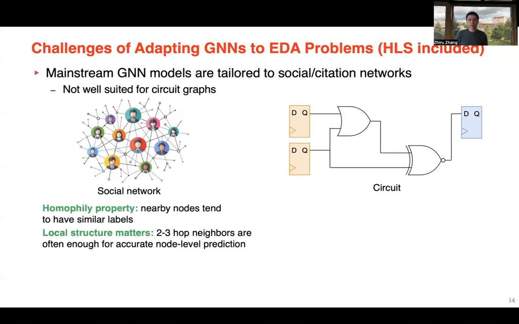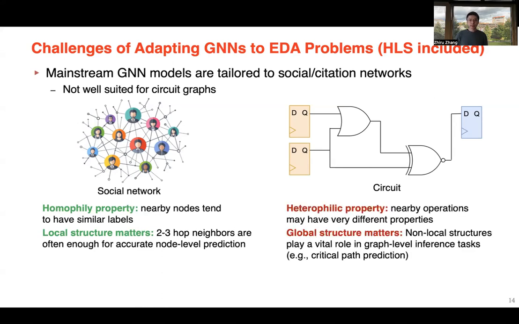To be more concrete, social networks tend to be homophilic, meaning that nearby nodes in the graph usually have the same or similar labels. So local structures matter more, since 2 to 3 hop neighbors are usually sufficient for a reasonable prediction, at least for node level prediction. On the other hand, circuit graphs tend to be more heterophilic, where nearby operations tend to have very different properties.